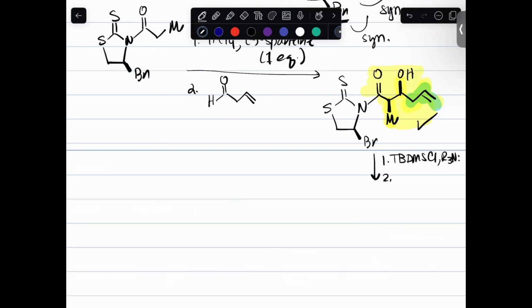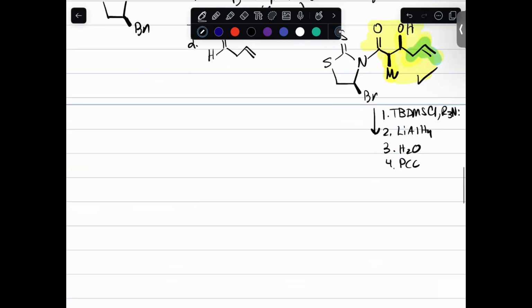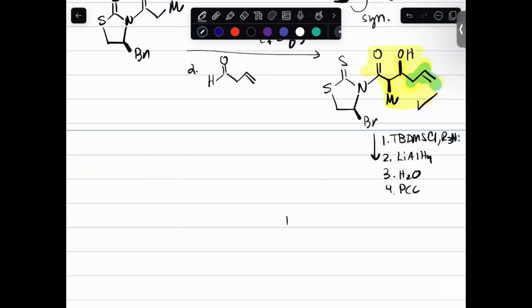And just like with other oxazolidinones, like I mentioned before, the way you remove them is exactly the same way. Lithium aluminum hydride, followed by water and PCC. They form the aldehyde. Oh, excuse me, I forgot to add the protecting group on my alcohol.